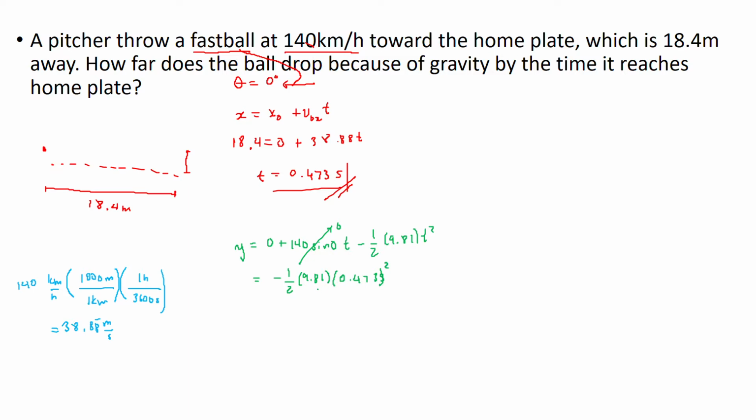The result of that is minus 1.098 meters. What does this mean? That the ball went down. This distance is minus 1 meter, pretty much. And that's our answer.